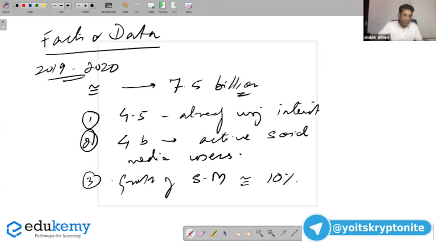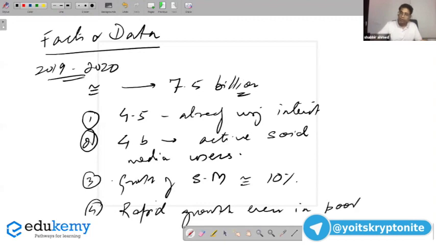And in social media, very importantly, there has been a rapid growth even in the poorer nations. A rapid growth even in the poorer nations.